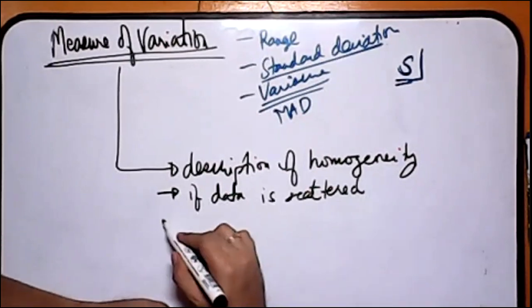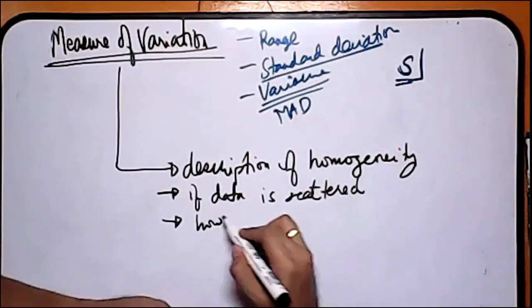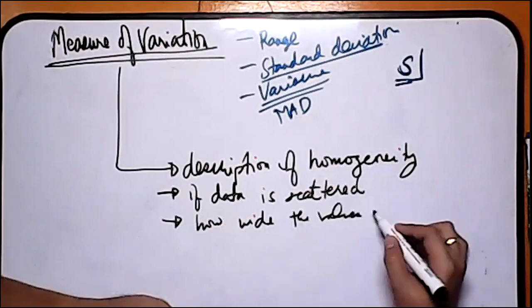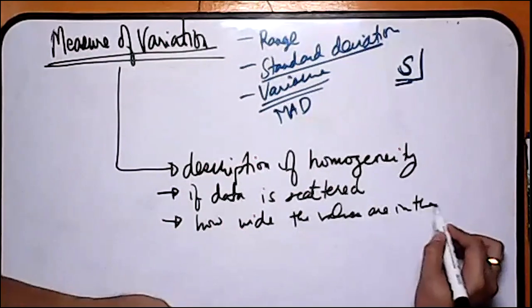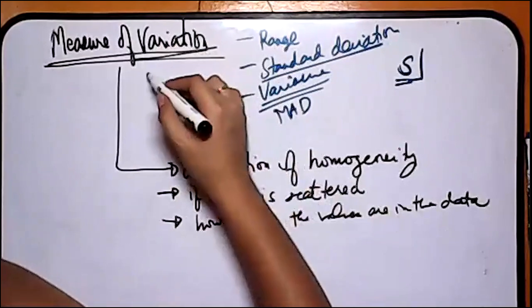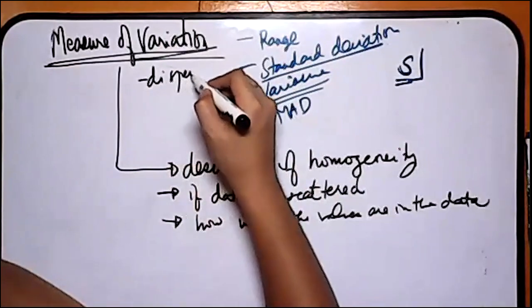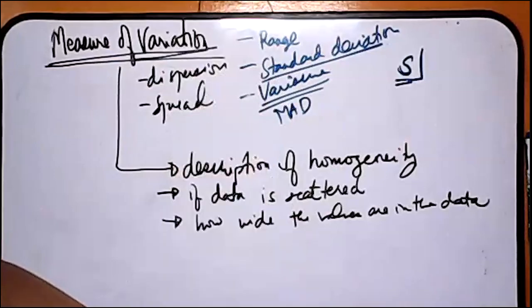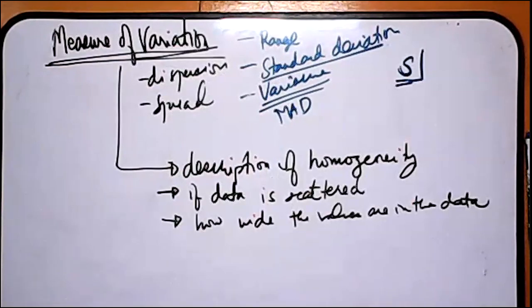Or it tells us how wide the values are in the data. Kaya nga yung measure of variation, ang tawag din natin dyan ay dispersion or measure of spread. Kasi tinitignan natin gaano kalalayo yung mga values doon sa ating dataset.